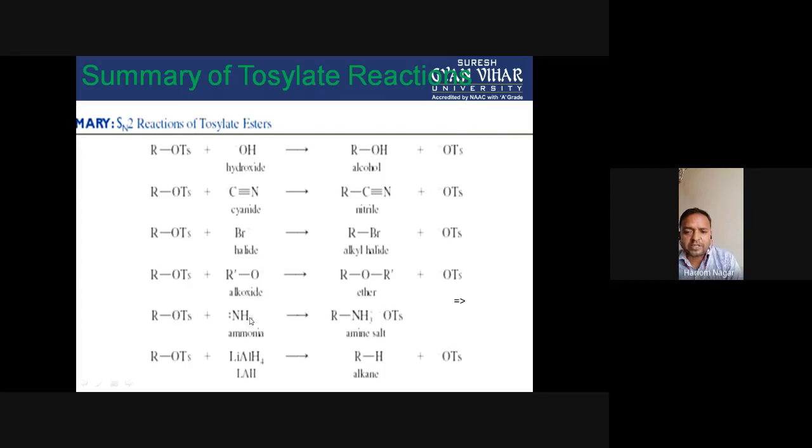If it is substituted by ammonia, amines are formed, or you can say the amine salt, RNH3 plus OTs minus. ROTs can also react with lithium aluminum hydride, and this produces RH, the alkane.